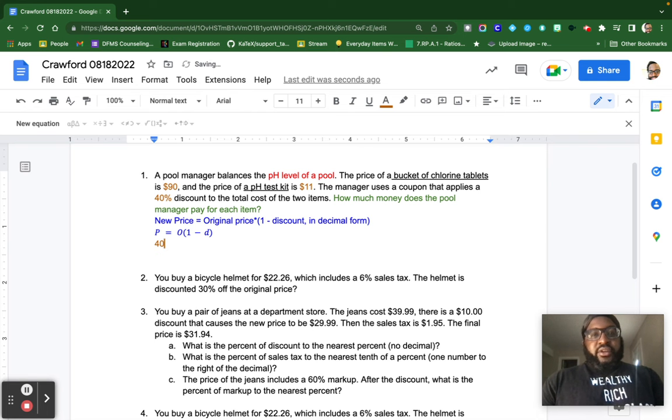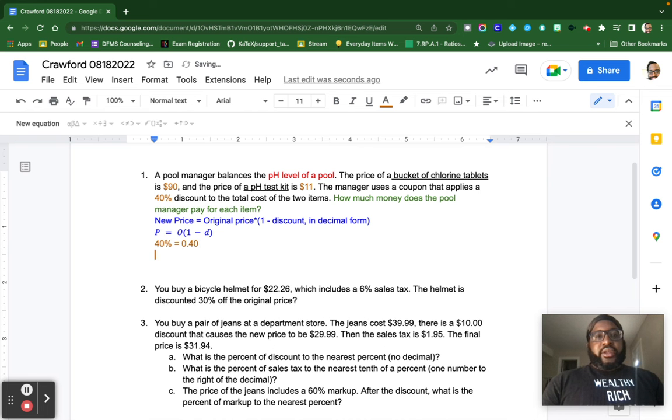So I will take the 40% and put it in decimal form. Since 40 is a two-digit number, to put it in decimal form, I can literally put 0.40. That's it. And that only works with two-digit numbers. So we got that. And we have what we need.